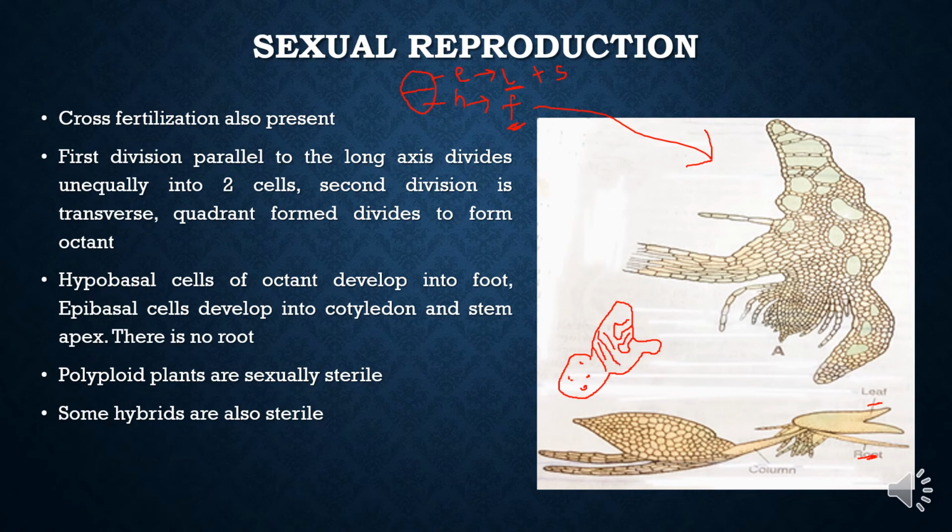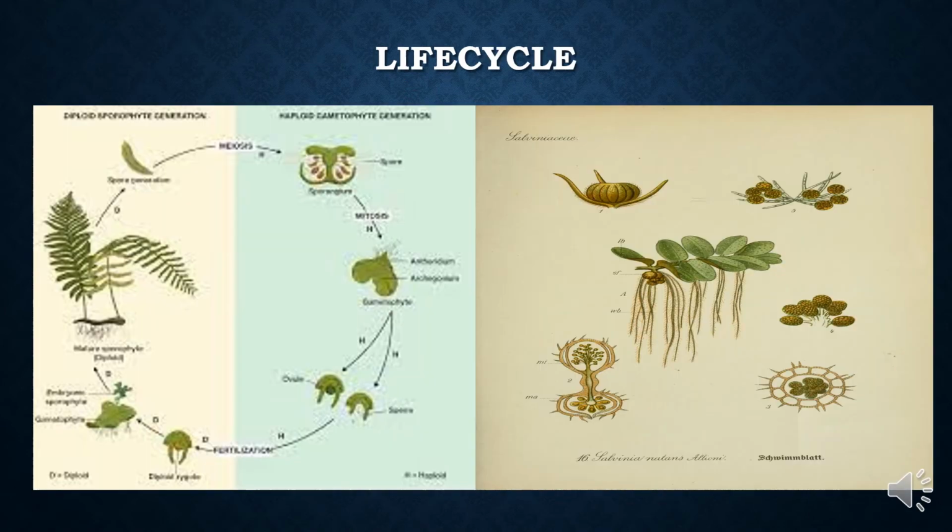So for example, these are the archegonia formed in the apical region, and this is the region which contains many free nuclei, and this is the basal region, and the apical region is cellular.